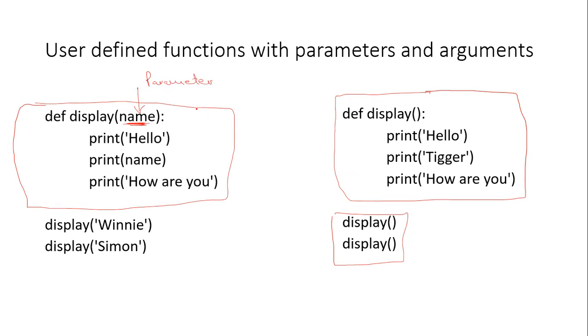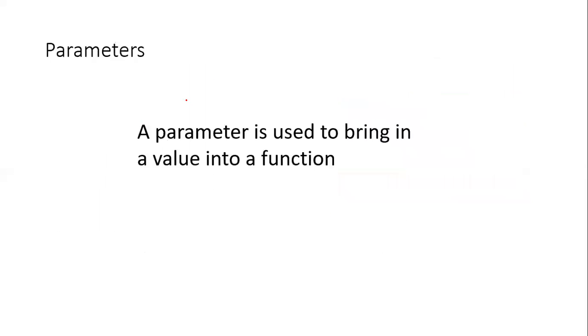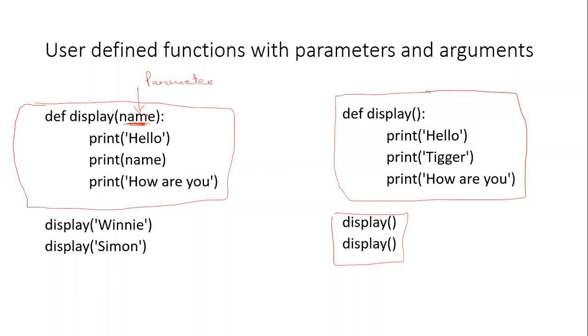So we said that a parameter is used to bring in a value into the function, right? So we are bringing in a value into this function, and we are using the parameter, and the parameter is called name.